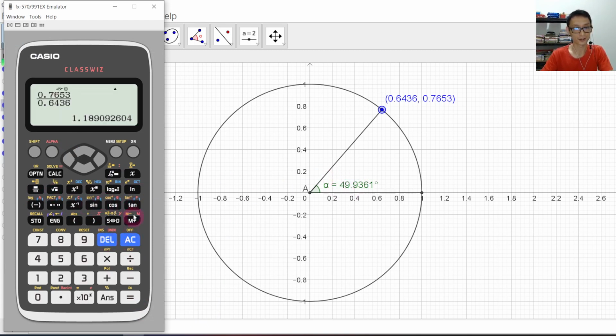Tangent. Okay, let's remember this number first, 1.1891, or I can just store it in our calculator. Press this one and then press A. Now this answer is already stored in A. Now tangent 49.94.